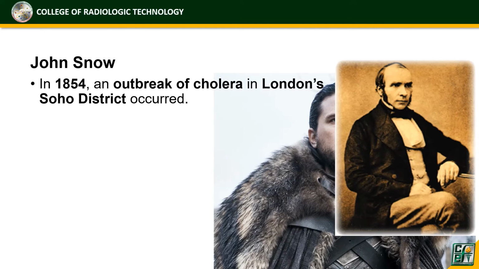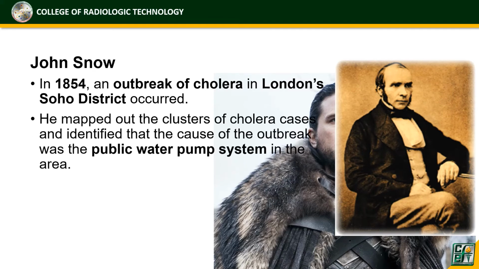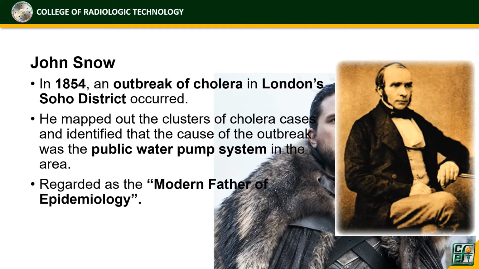In 1854, an outbreak of cholera happened in London, and Dr. John Snow mapped out the clusters of cholera cases and identified the source or the cause of the outbreak, which was the public water pump system in the Soho district. Thus, he was regarded as the modern father of epidemiology.